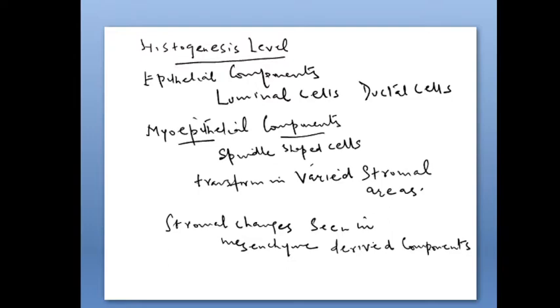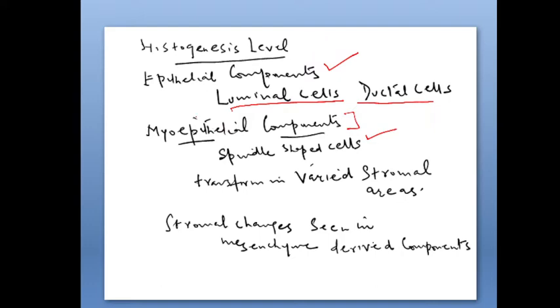Now, at the histogenesis level also there is diversity, because pleomorphic adenoma is derived from both epithelial components, which are basically luminal cells and ductal cells, and from the myoepithelial components, which are basically spindle shaped cells.